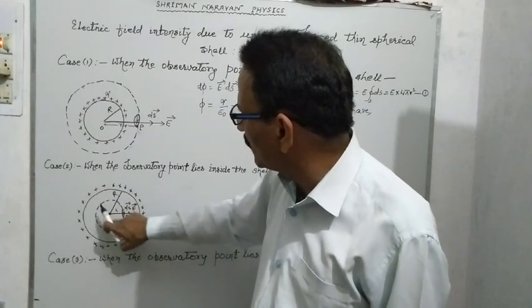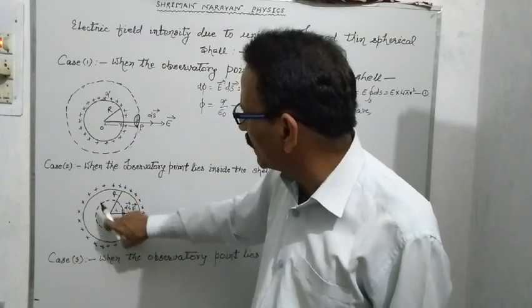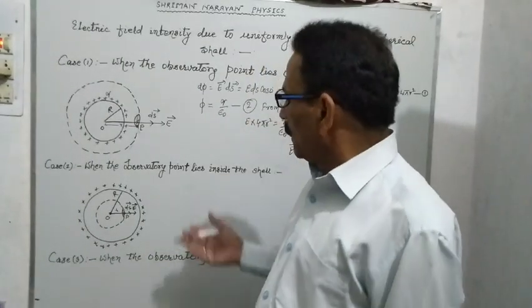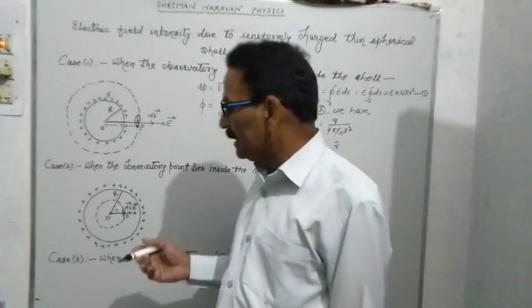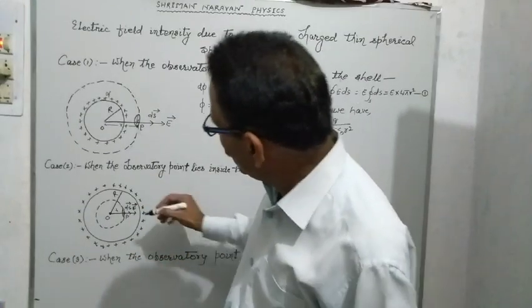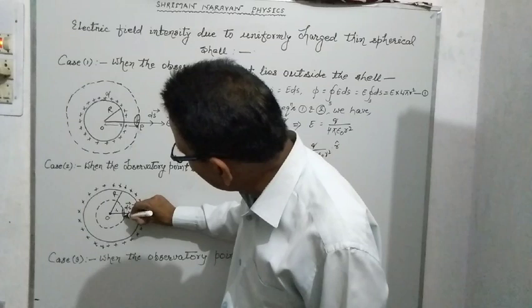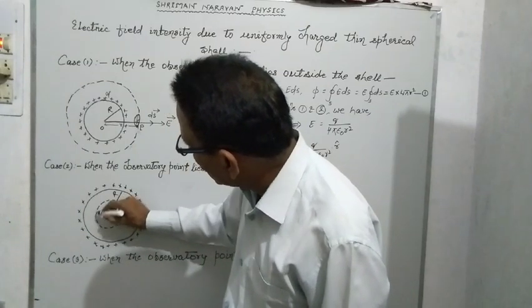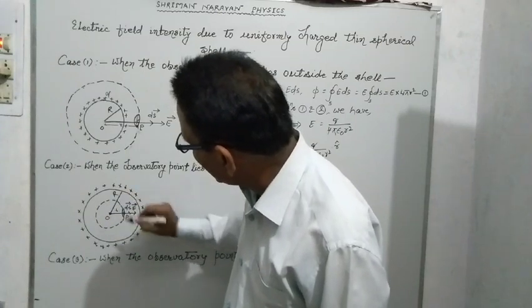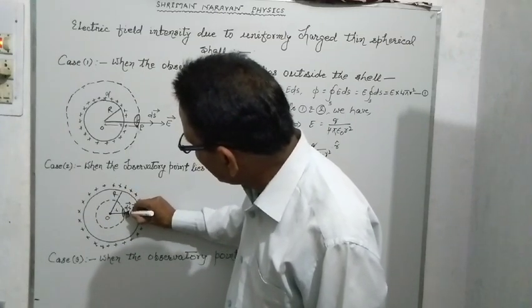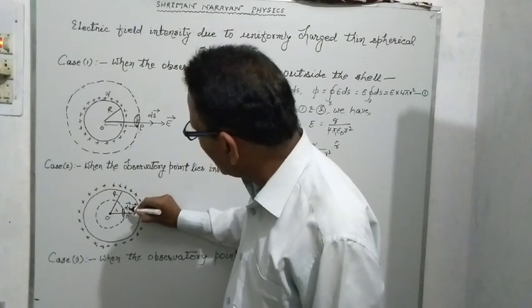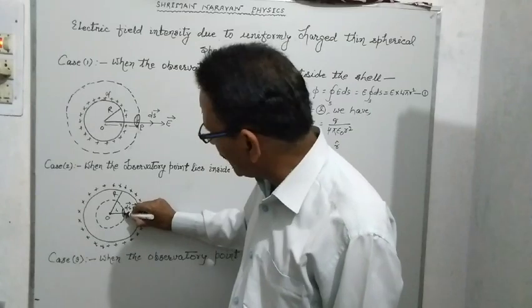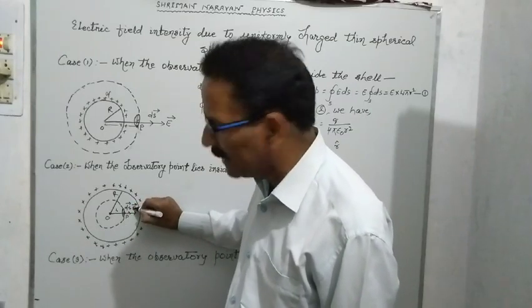This is representing the Gaussian hypothetical spherical surface. Now, proceeding in a similar fashion, we will consider an elementary area. This is representing the elementary area of this Gaussian spherical surface, with area equal to ds, and let the electric field intensity at the point P be E.